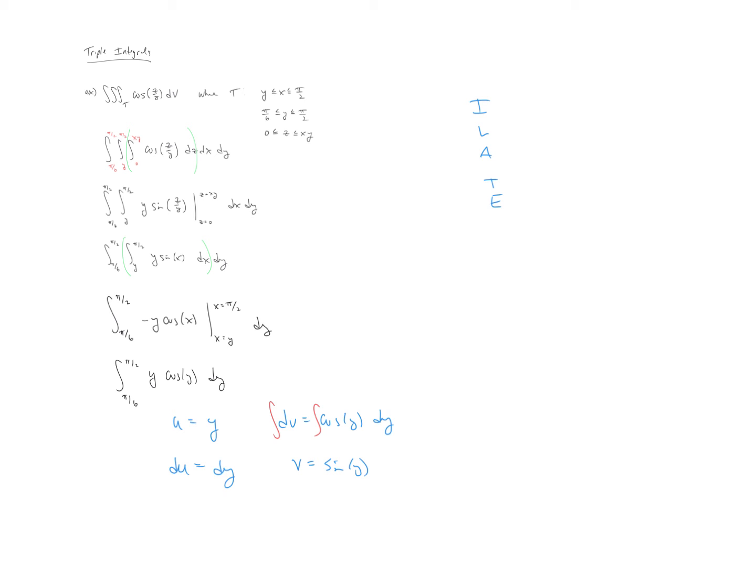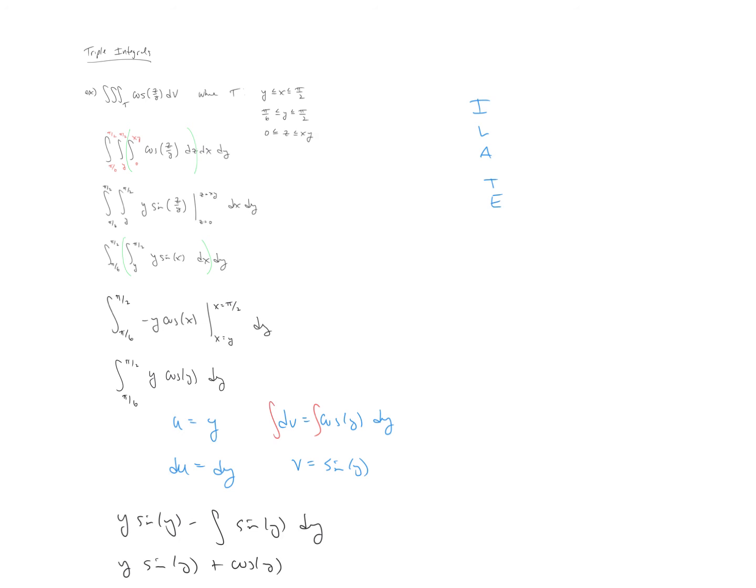And I always try to set mine up the same way, so it's just a matter of recognition. uv minus the integral of v du. So we've got now y sine y minus the integral of sine y dy. And y sine y followed up by now plus cosine y from this guy right here.